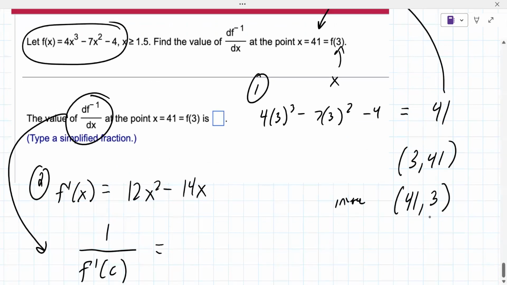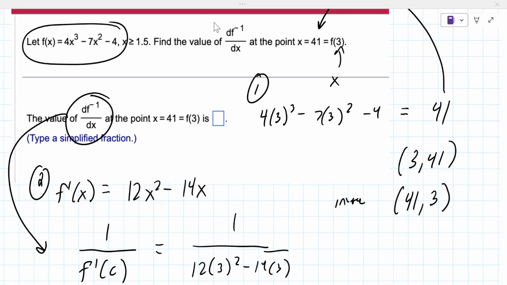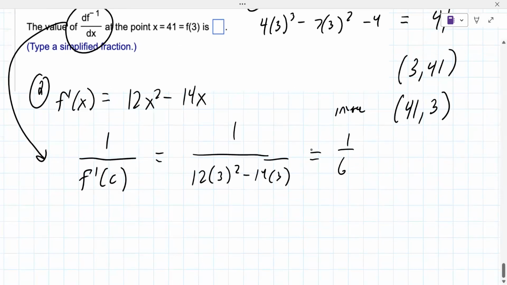So you have to find 12 times 3 squared minus 14 times 3. I got 1 over 66. There you go. There's your answer.